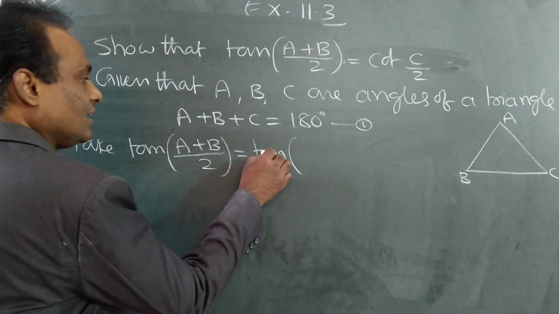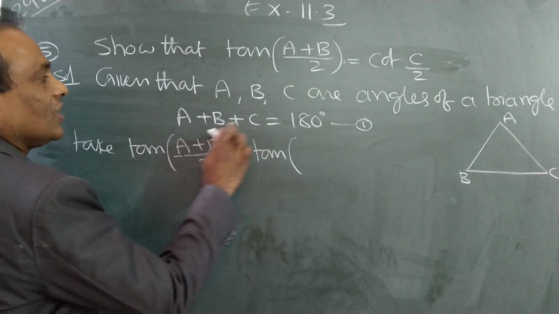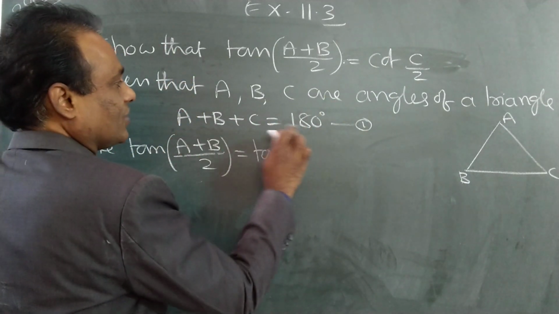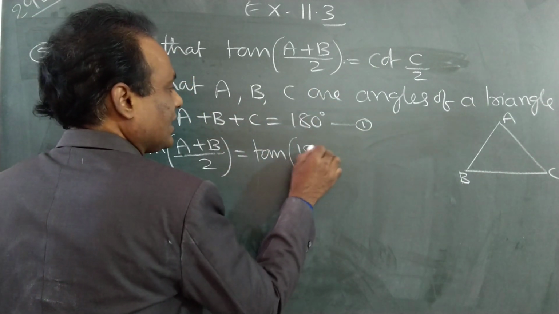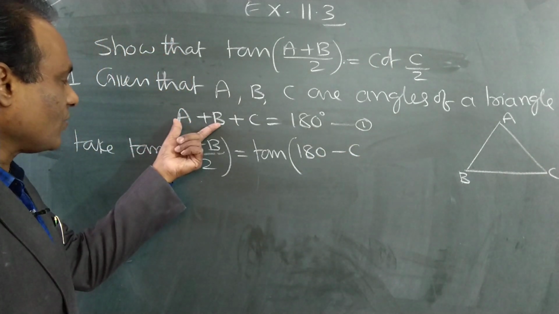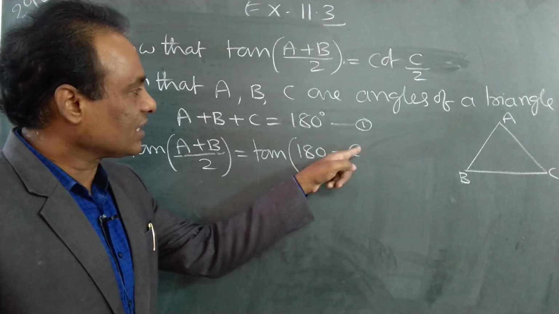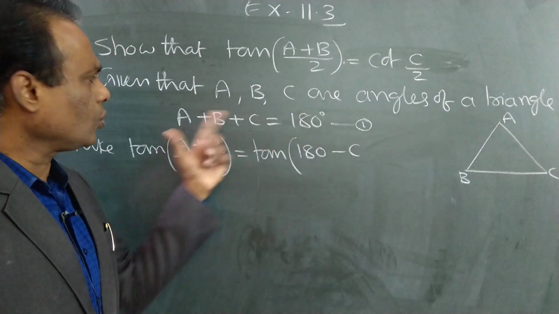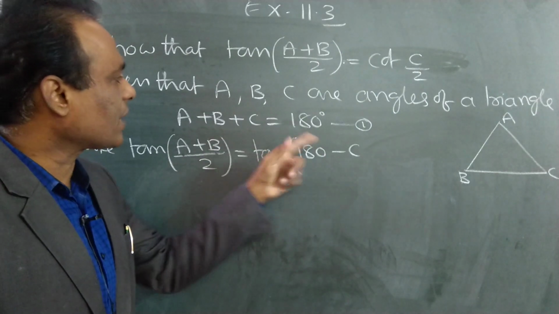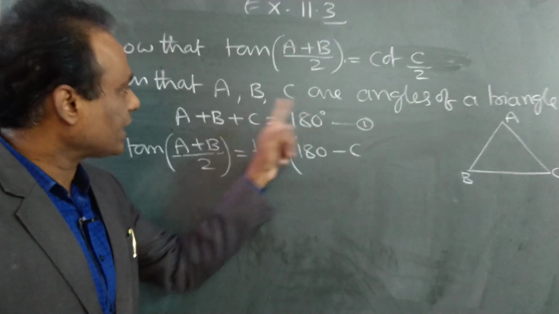How? A plus B is equal to 180 minus C. In place of A plus B, what am I writing? 180 minus C. This is the rule in a triangle: the sum of three angles is 180. Why am I writing A plus B is equal to 180 minus C?